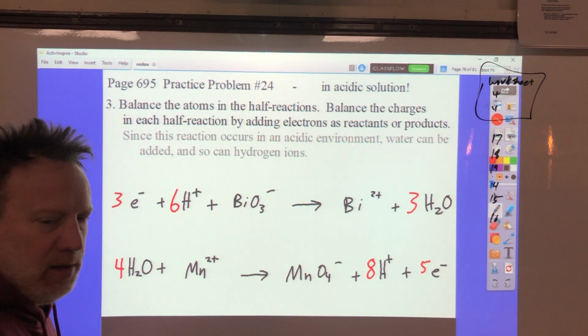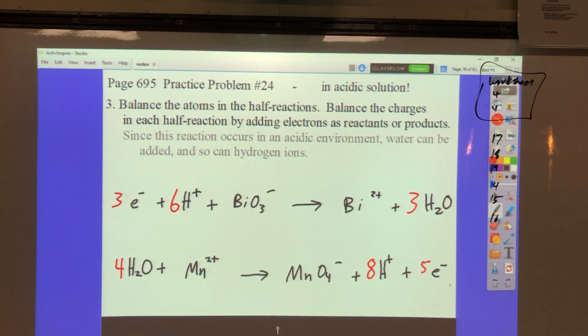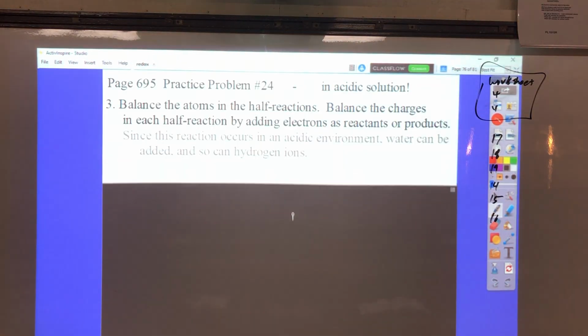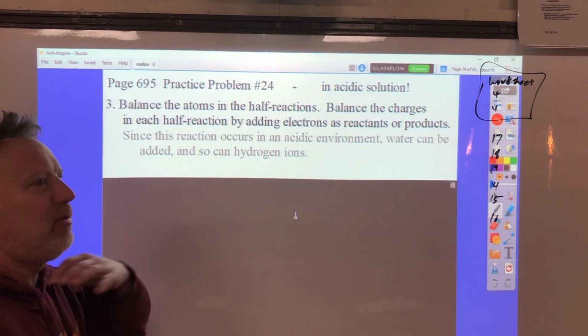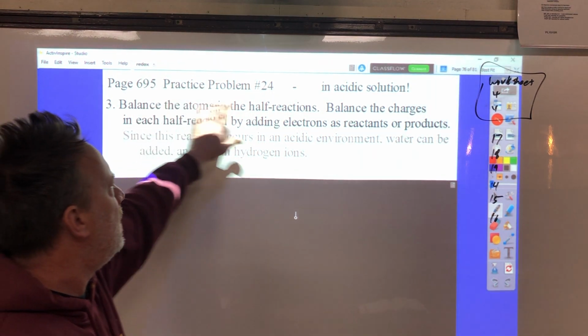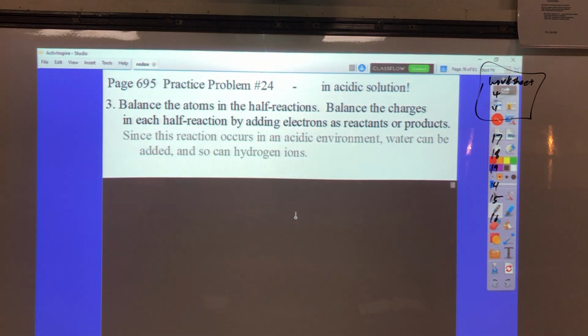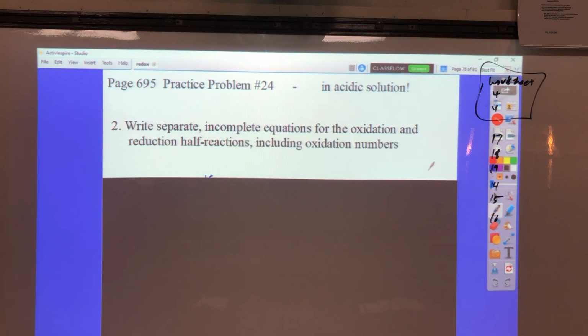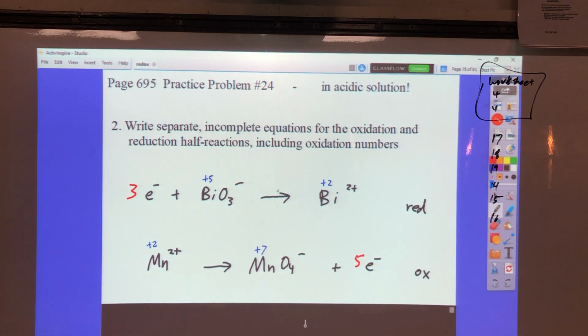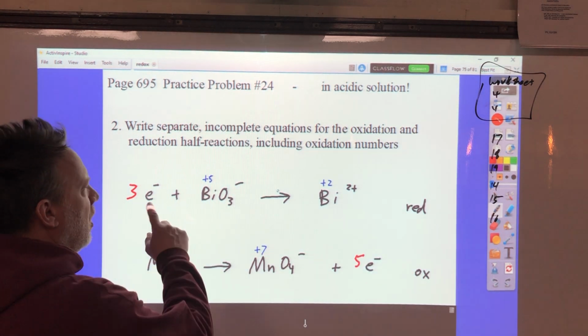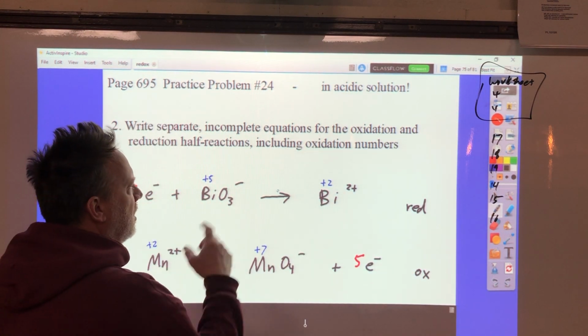Okay, well, going on, the next thing is, you balance the atoms in the half reaction. And then the charges. Don't worry about back here. This is why you want to work a bunch of examples. Don't worry about balancing these electrons and these charges right here.